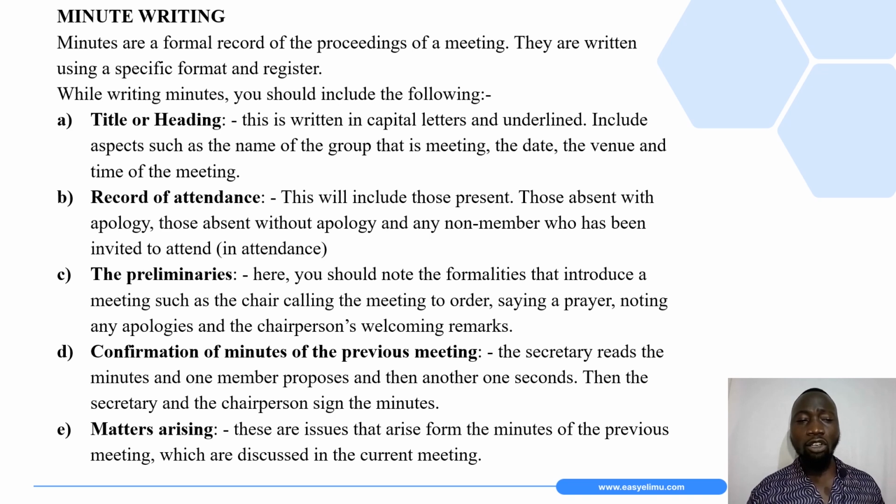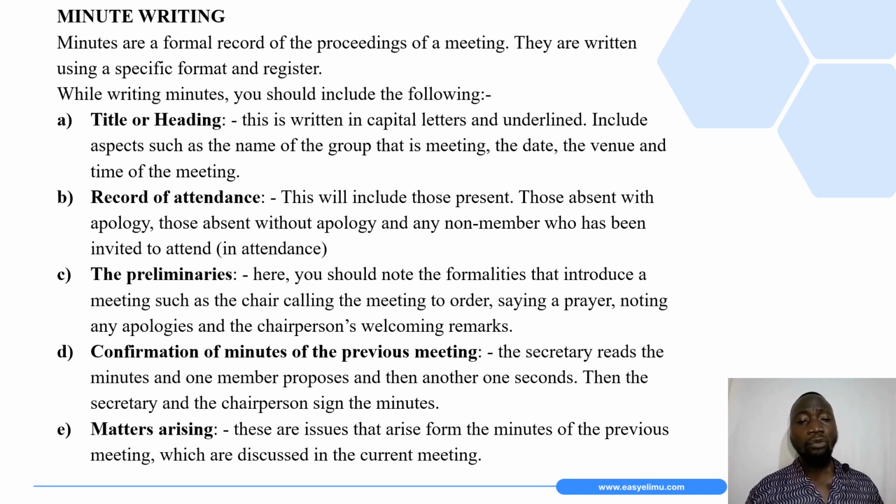Under record of attendance, this is where we have, number one, the members of a particular group who are present. We also have the members who were absent without apology. Then there are also members who were absent but sent an apology.